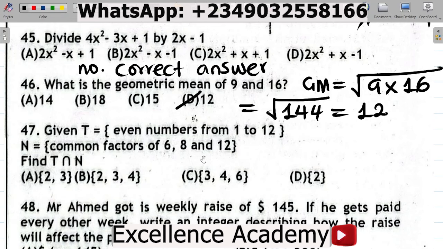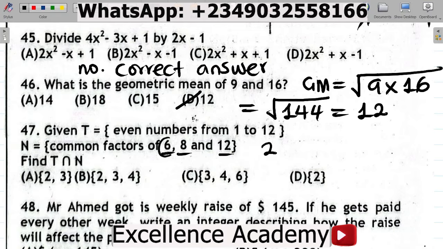Now, the easiest way of solving this question is to look at the second part here, n. What are the common factors of 6, 8, and 12? Of course, 2 can divide 6 to give you 3, divide 8 to give you 4, 12 to give you 6. What about 3?